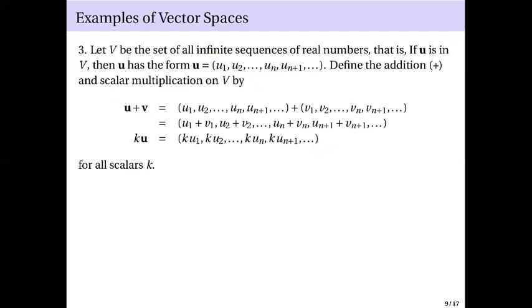So these two operations are again the usual operations. If we talk about the infinite sequences of real numbers and I said define the usual operations, then what I meant is these two.